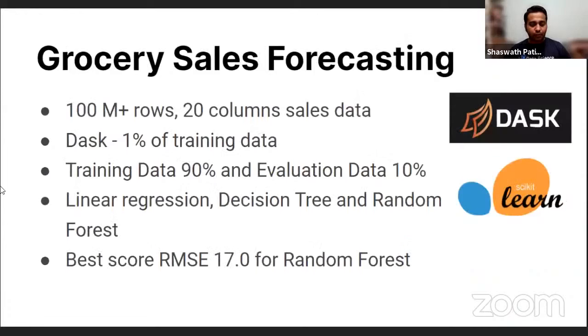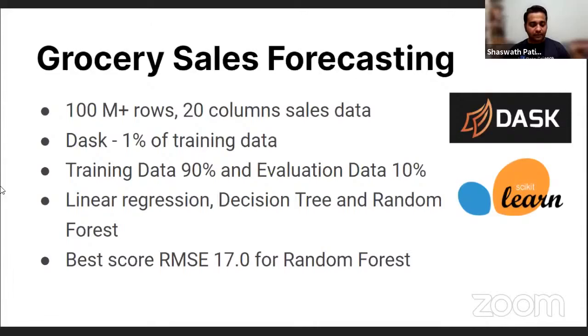My objective was to forecast the unit sales of products for one of the largest grocery chains in South America. The dataset had 100+ million rows and 20 columns of sales data. I had to scale down the number of rows to 1% using the Dask library due to memory constraints.